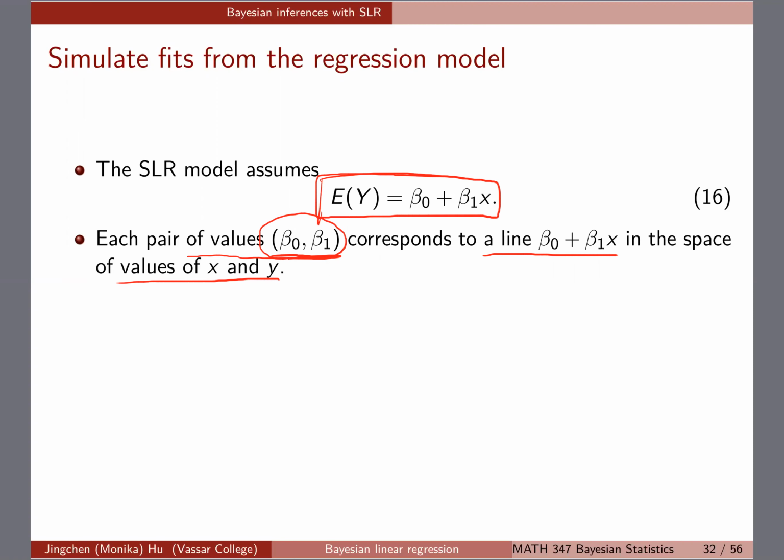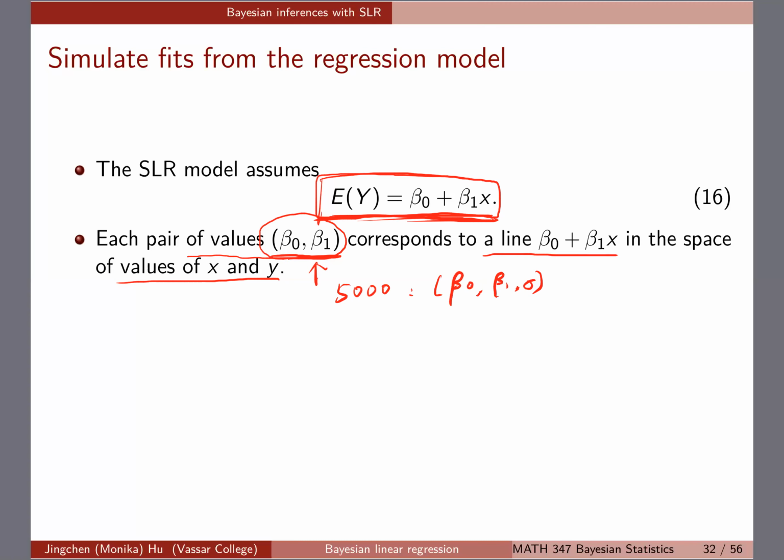So that means you have 5,000... actually, not just pairs, the triplet, because you have beta 0, beta 1, and sigma. But if you only focus on the mean, then it's only about beta 0 and beta 1. So you have 5,000 pairs of beta 0 and beta 1. In fact, you are fitting the line 5,000 times. That's what it means, because you have that many draws.